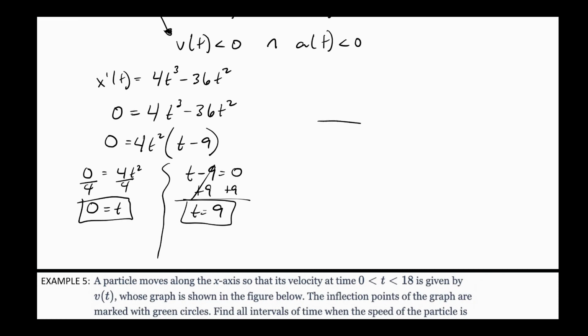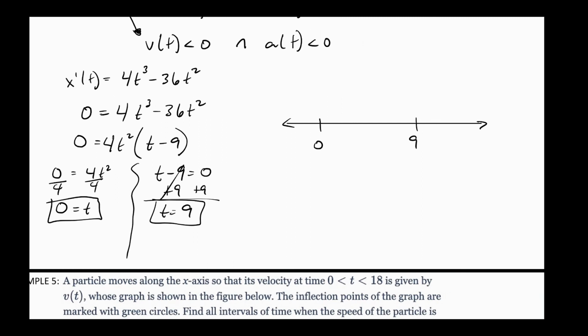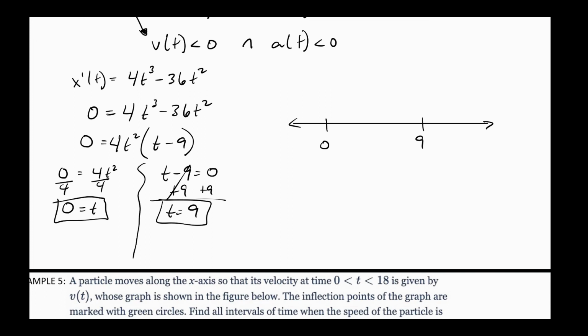All right, so let's do the first derivative test. 0, 9. I don't have to worry about anything less than 0 because those are negatives, and we know time can't be negative. So I'm just worried about between 0 and 9, and bigger than 9.